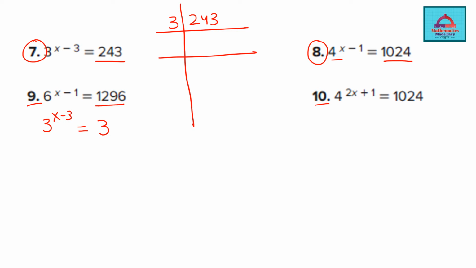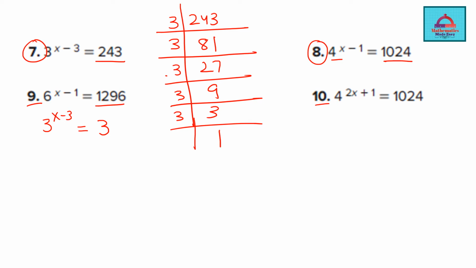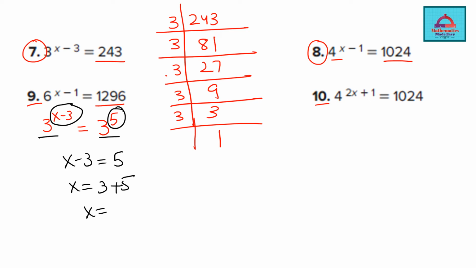This is 81, again 3, 27, 3, 9, 3, 3, and 1. So 1, 2, 3, 4, 5, 3 to the power 5. Now bases are the same, so powers will also be the same. So x minus 3 is equal to 5, or x is 3 plus 5, which is 8. So that's your answer for question 7.